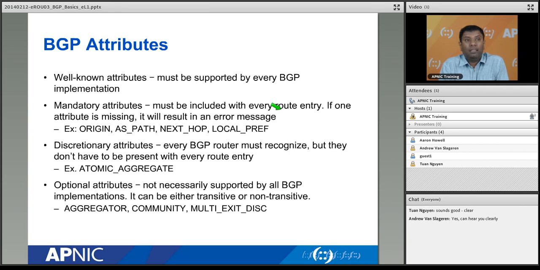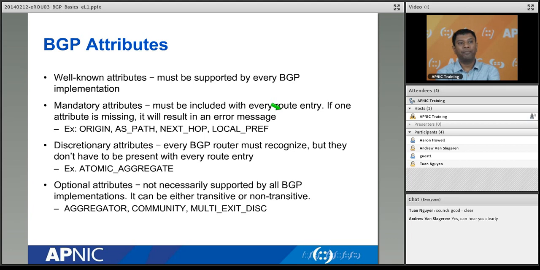Okay. As I said, BGP attributes are something that we can consider as the metric that we have in IGP or OSPF. So a BGP attribute is something that the BGP protocol carries with the routing updates. And when those attributes go to the other side, the other side looks at those attributes and, from the attribute values, selects the best path.